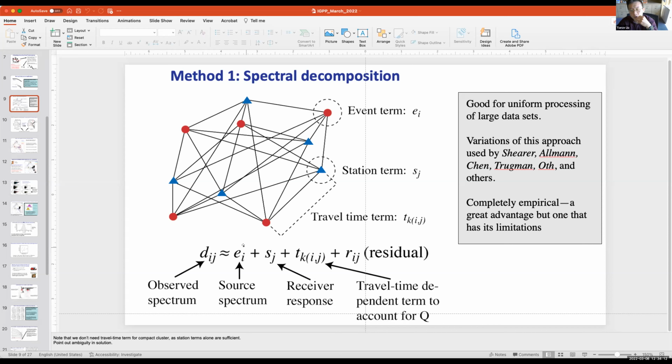Gotcha. And also, I guess the conclusion of your talk is that you probably should avoid using such an arbitrary empirical term, but rather rely on some more physically based corrections or something.